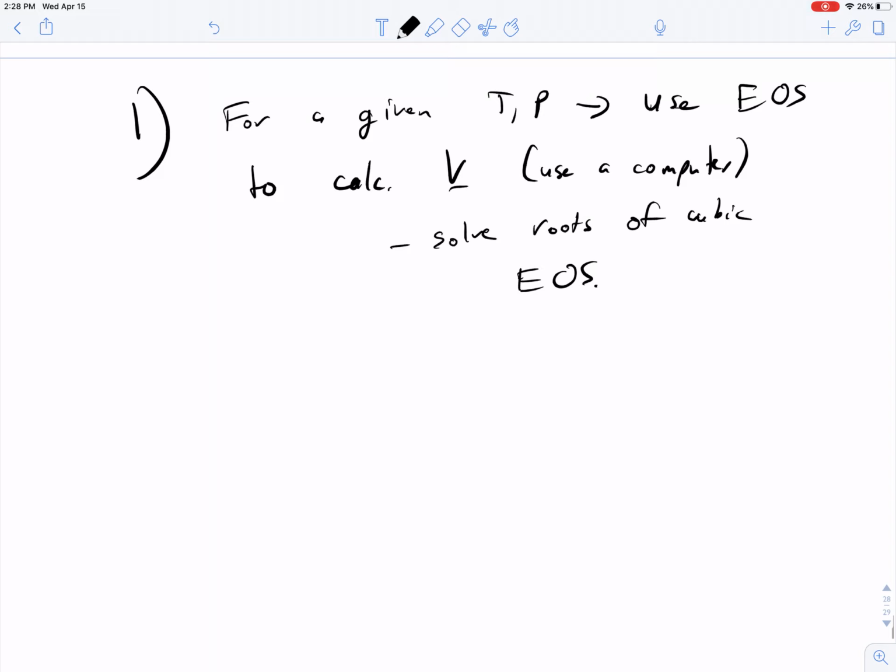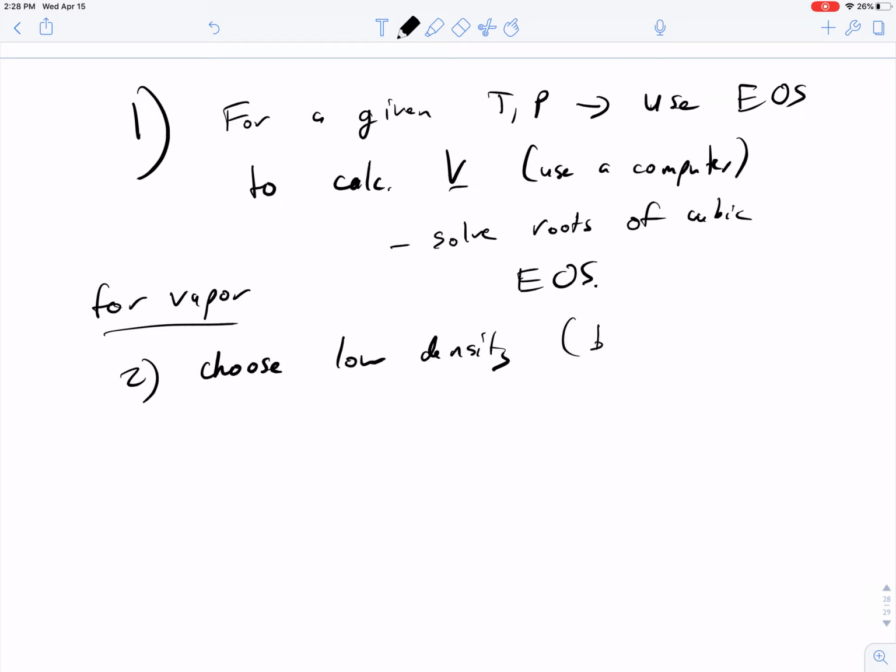So then the first thing you do is you choose which of the volumes you're going to look at. Choose the big one. This is vapor. So vapor, choose the low density. Low density, the biggest volume you get at that value of temperature and pressure.